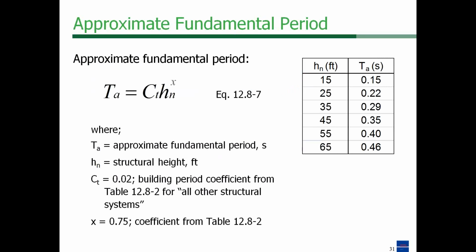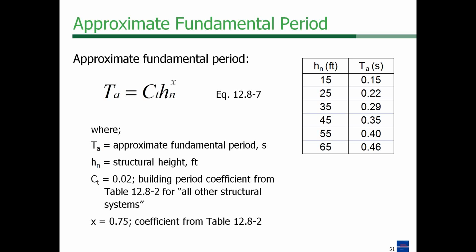So if we were to apply the equation to a typical wood frame building, so that C sub t equals 0.02 and the structural height varies, this table shows the results for those different heights. And this shows that wood frame structures are typically going to have a very short period. And in the shake table test that was just shown, that was a height of about 56 feet.